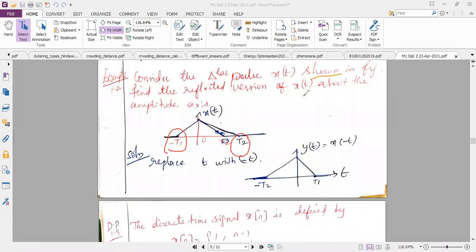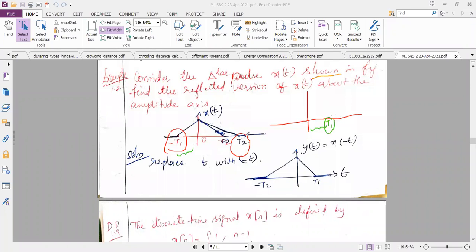So now I am going to draw the output here. Don't see the already written output. I am just going to show you how to draw the output. From the diagram I came to know that minus t1 becomes plus t1. If you see the distance between 0 and minus t1, it is very small. So the same distance I have to maintain. Since it is plus t1, I am writing it at the right-hand side.